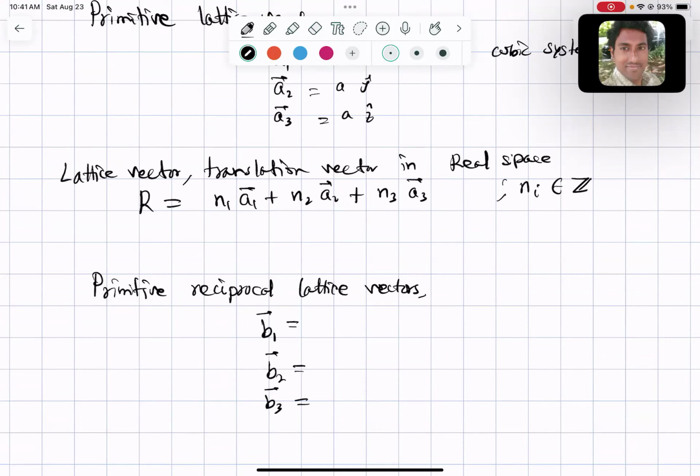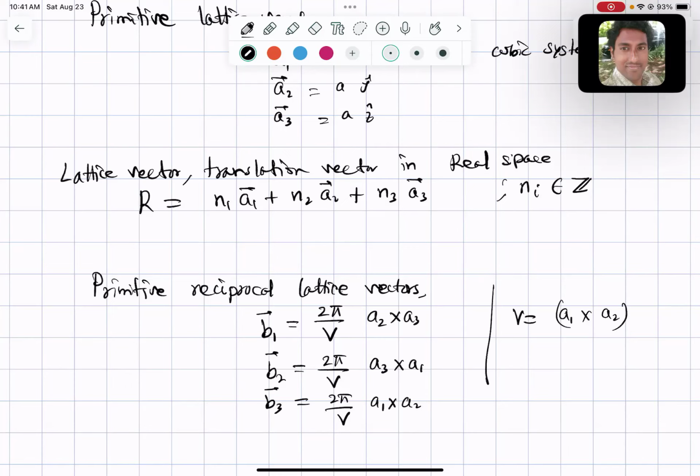How are they defined? B1 is A2 cross A3, B2 is A3 cross A1, B3 is A1 cross A2. And as a factor, we have 2 pi over V, where V is the volume of the unit cell, which is A1 cross A2 dot A3.